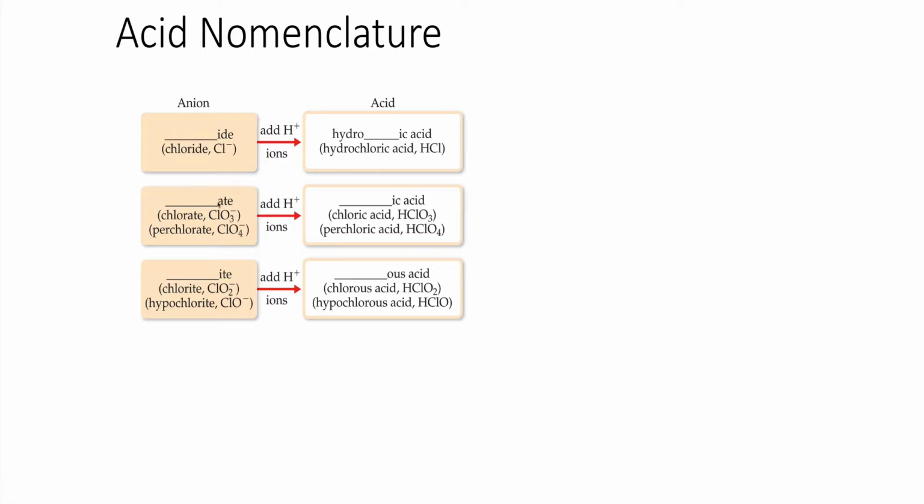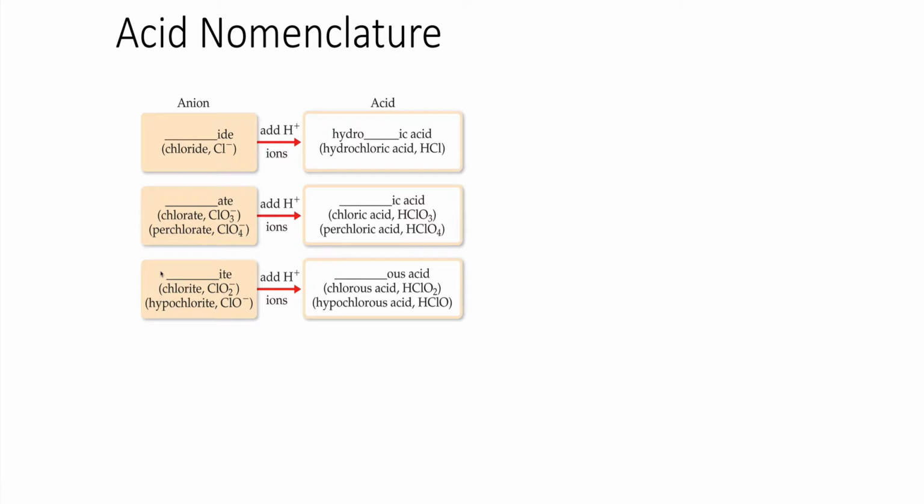If the anion ends with -ate, like chlorate, perchlorate, or sulfate, we don't put the hydro at the beginning, and we just call it chloric acid.